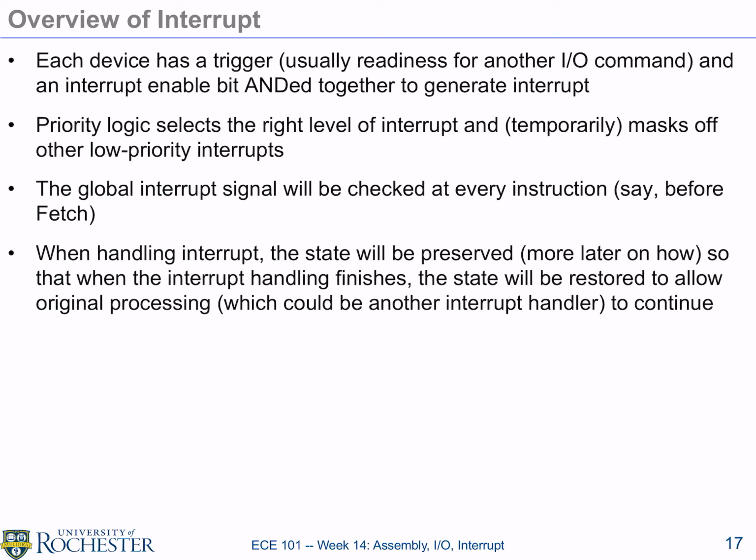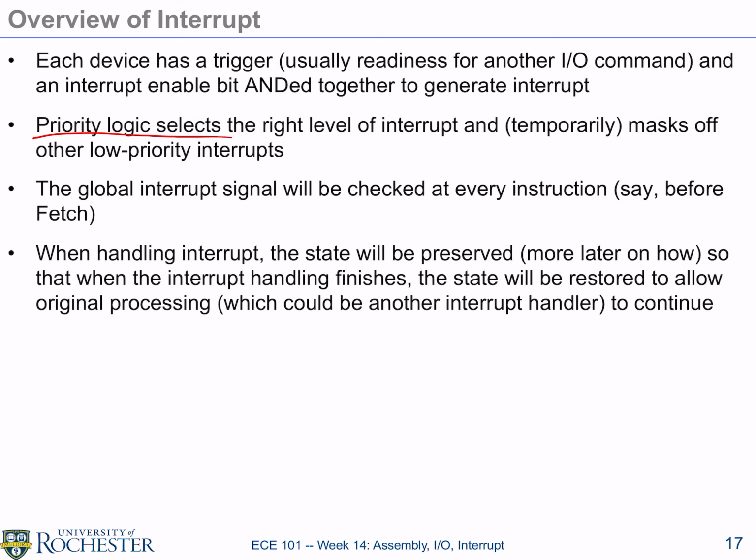We cannot handle multiple of them simultaneously, so what we do is prioritize them. You have a logic to select, if two of you have an interrupt at the same time, then A is going to be processed before B. And this is all summed up to one signal to the CPU to say, now you have an interrupt or not.